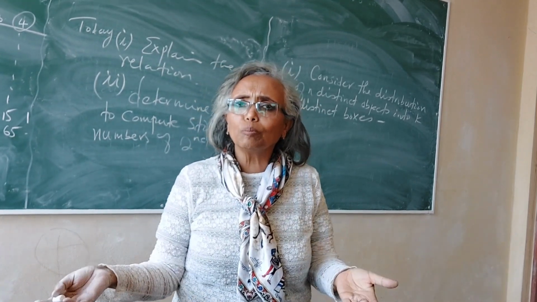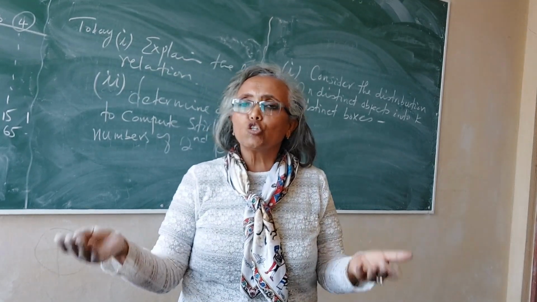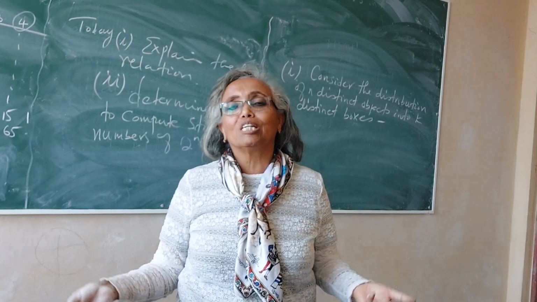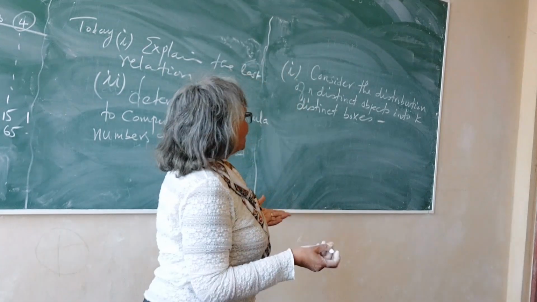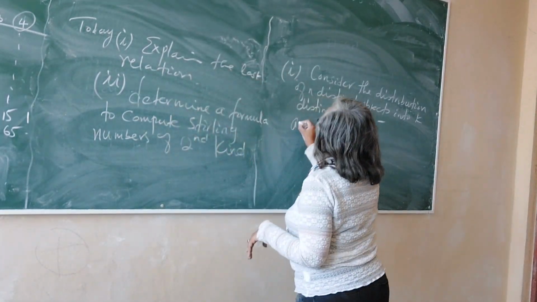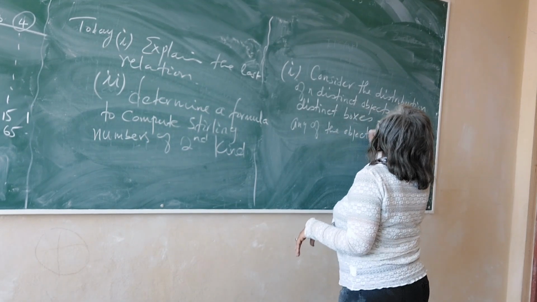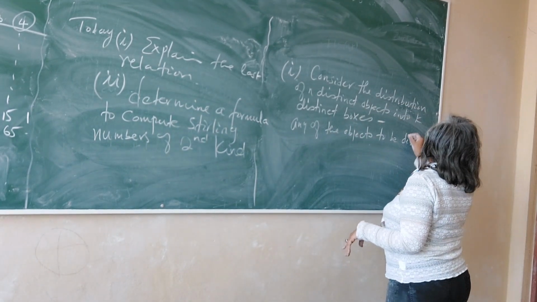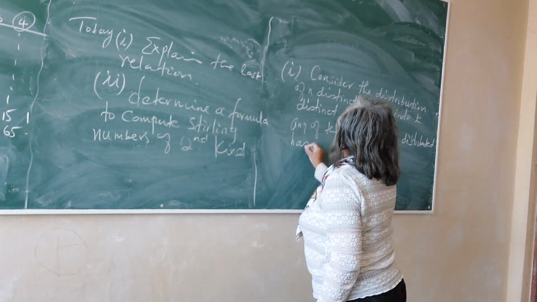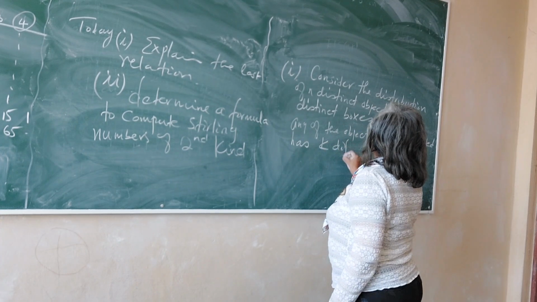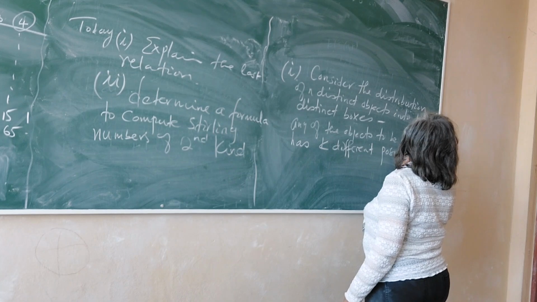How many choices of boxes does it have? It's very obvious and easy that any of the objects to be distributed has k different possibilities.